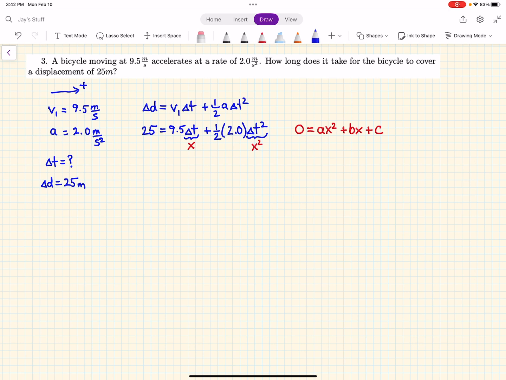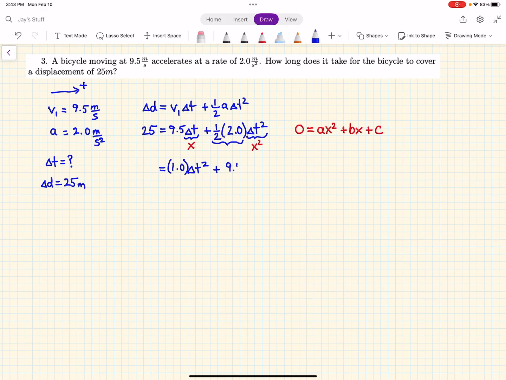So let's rewrite that. Let's put the delta t squared part first. Now this is just going to be 1, because here was 2 times a half.